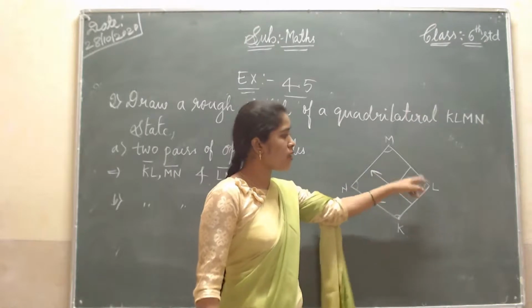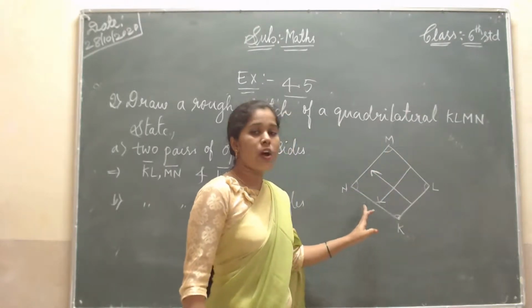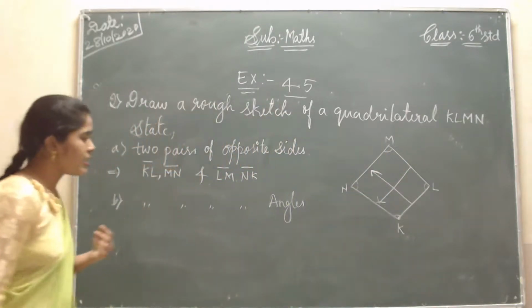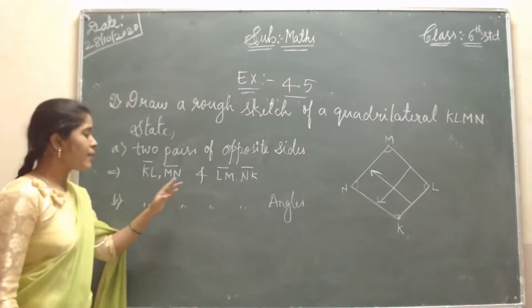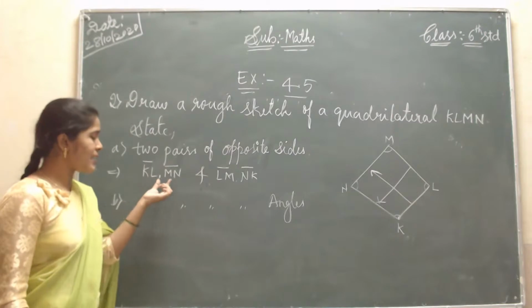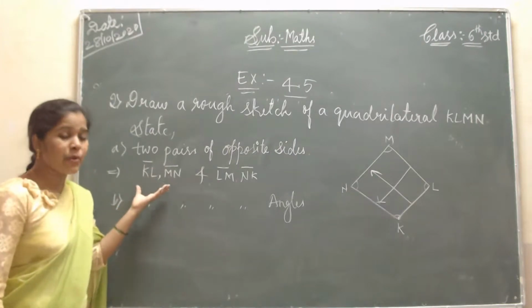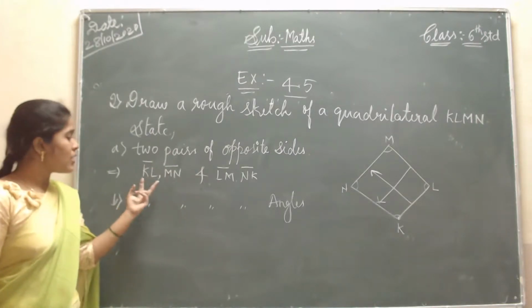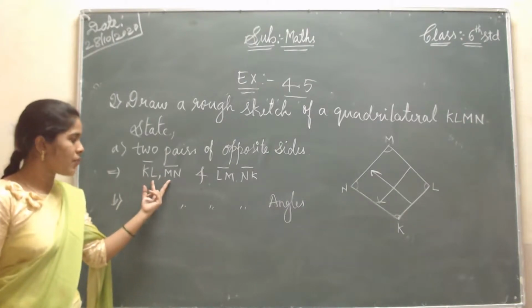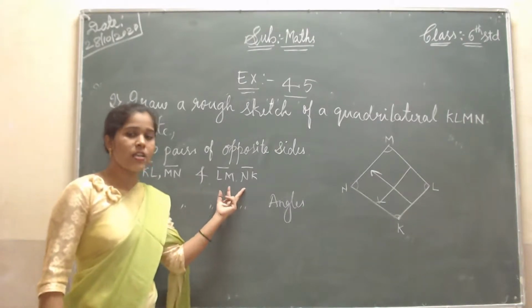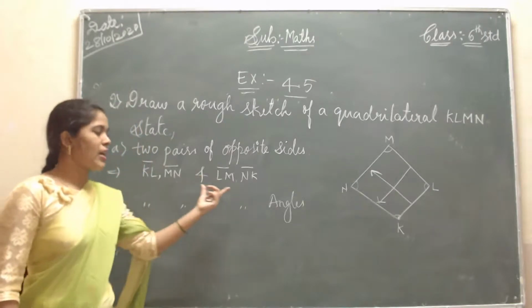The opposite side of LM is NK or KL. You can write it interchanged also, no problem. So KL is one line segment, MN is one line segment, meaning sides only. This is one pair and this one is another pair. So two pairs of opposite sides.